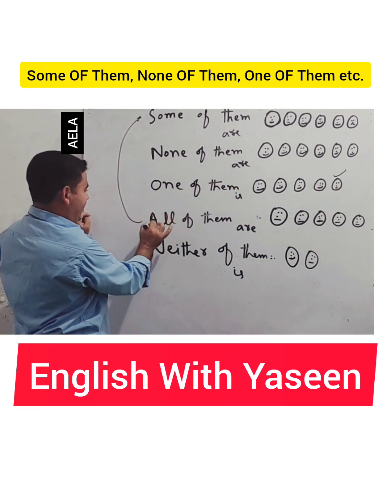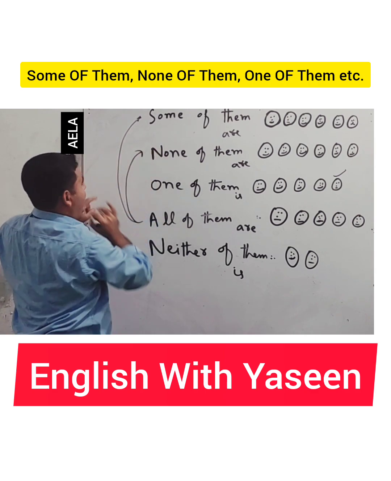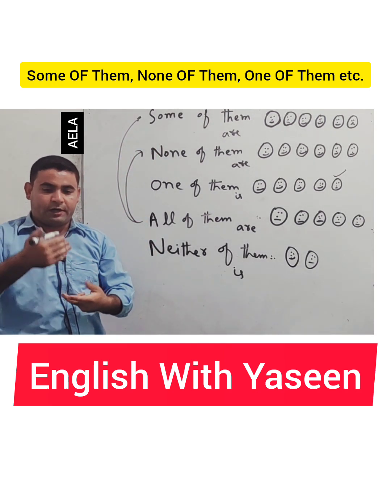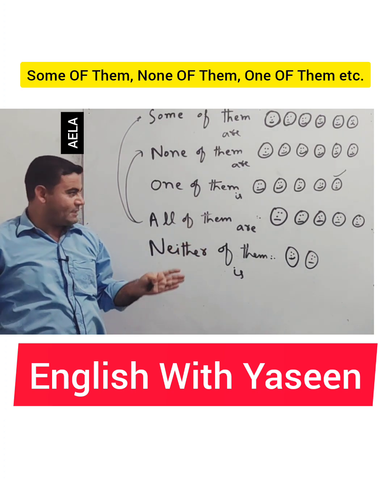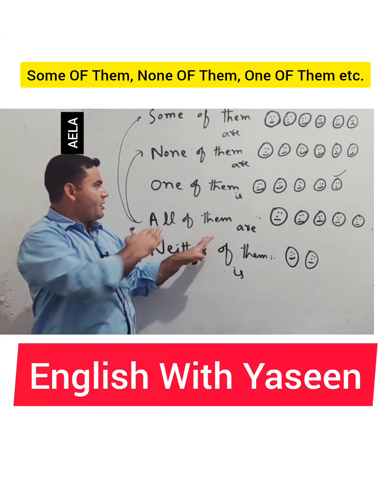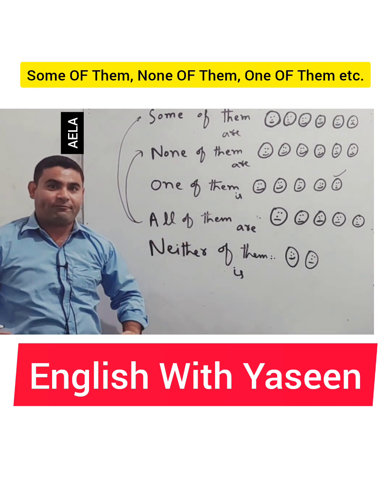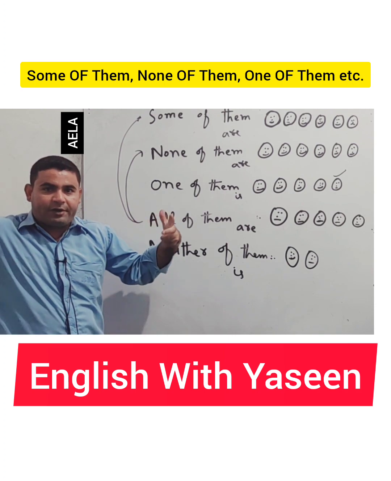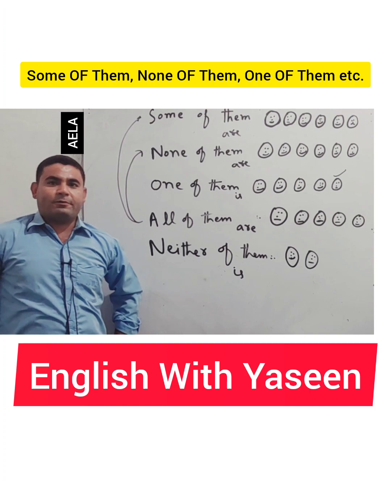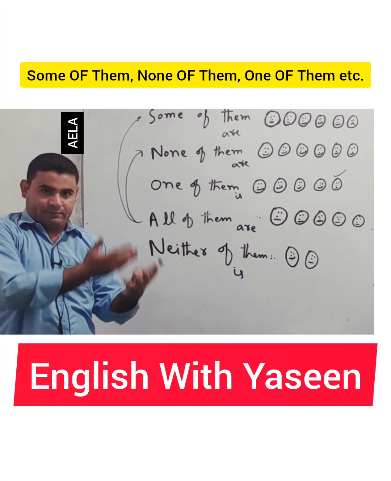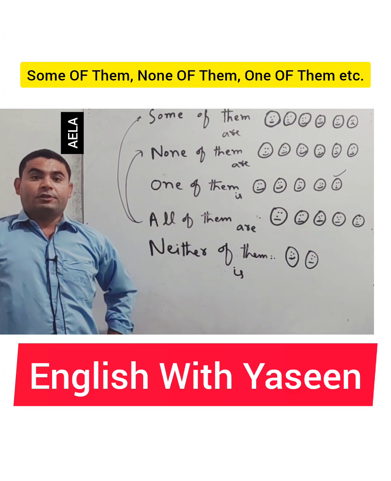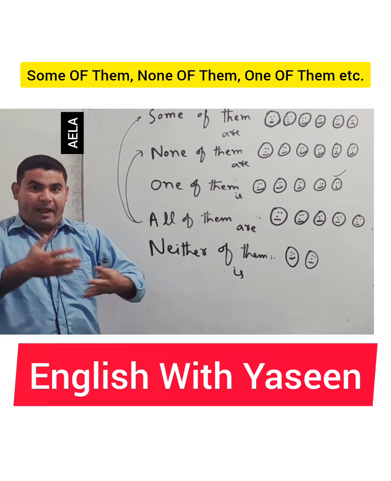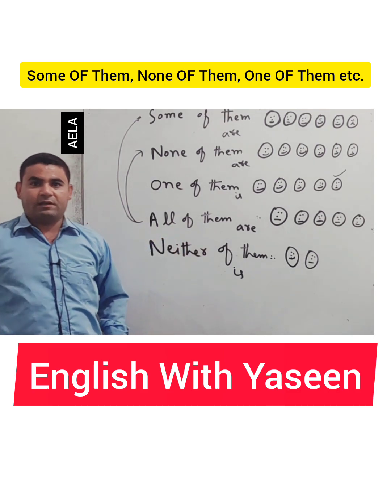Right. All of them, just like we stressed none of them. None of them means that there was no one happy, or there was no person who was upset. But when we say all of them, here too we want to emphasize something, that something was very serious. For example, the party was so exciting that all of them, I mean the guests, were dancing. So I want to emphasize the party being good. But if I want to emphasize the party being bad, I say all of them were bored.